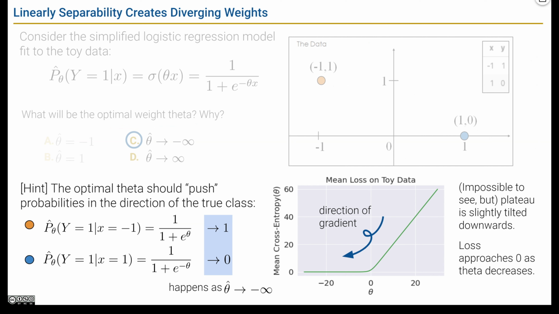And actually, if you go plot this, this is your mean cross-entropy function. It doesn't look like it here, but this is actually slightly going downward, downward, downward. So your optimizer is trying to find the lowest point here, and it's just going to keep going and going until you stop it, or until we impose some type of restriction.